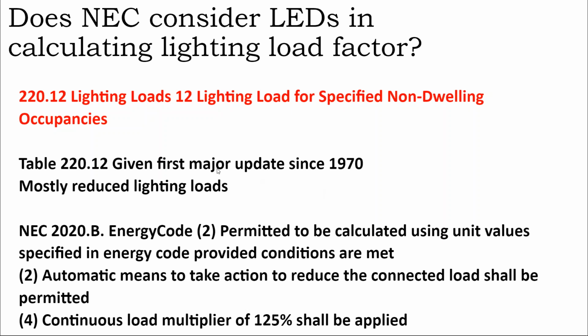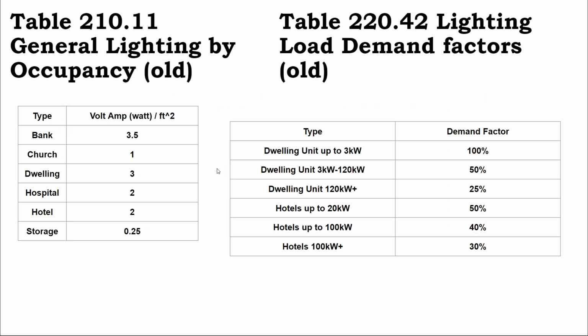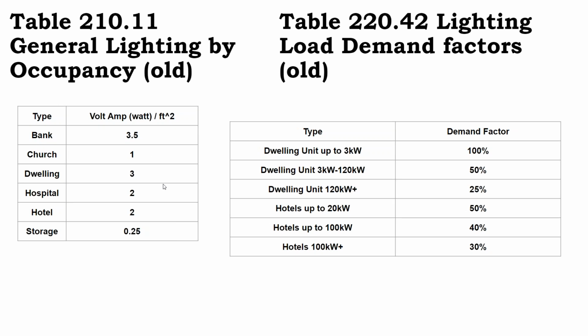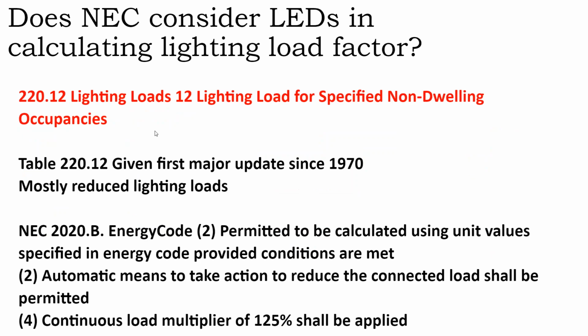And so these tables have been substantially updated for NEC 2020 in terms of the lighting loads being significantly reduced. So that, if you're doing generator calculations and you need to know how large your generator is, you'll go in and use this table to come up with wattage requirements for those loads.